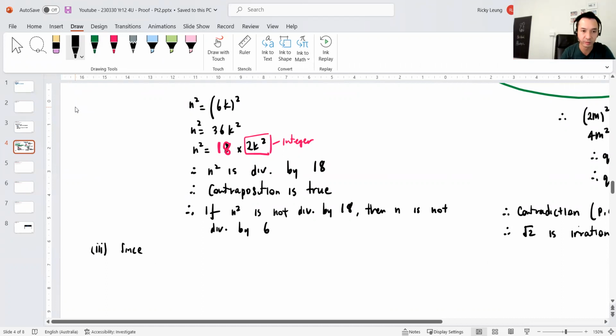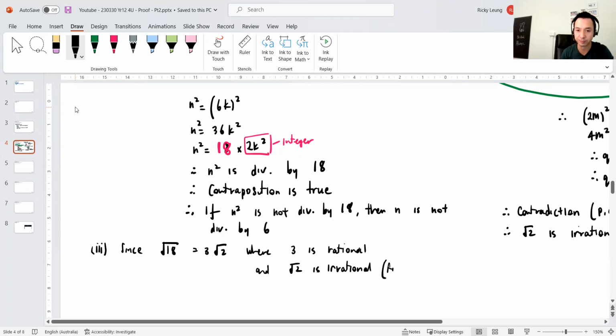Number 3, since root 18 equals 3 root 2, where 3 is rational and root 2 is irrational from 1, therefore root 18 is irrational.